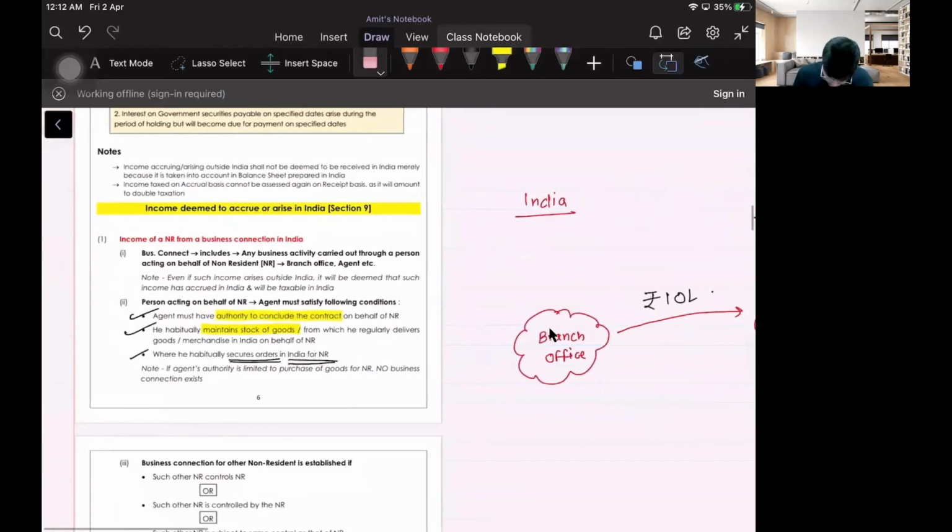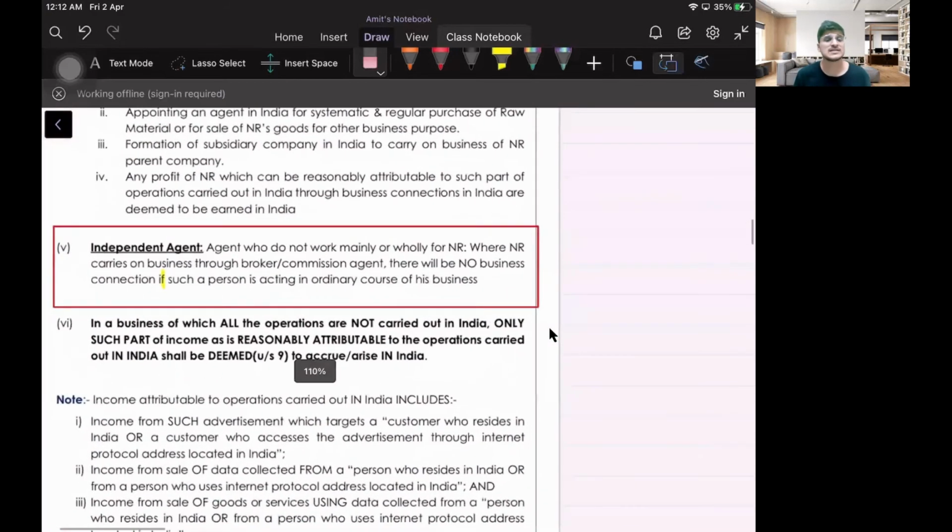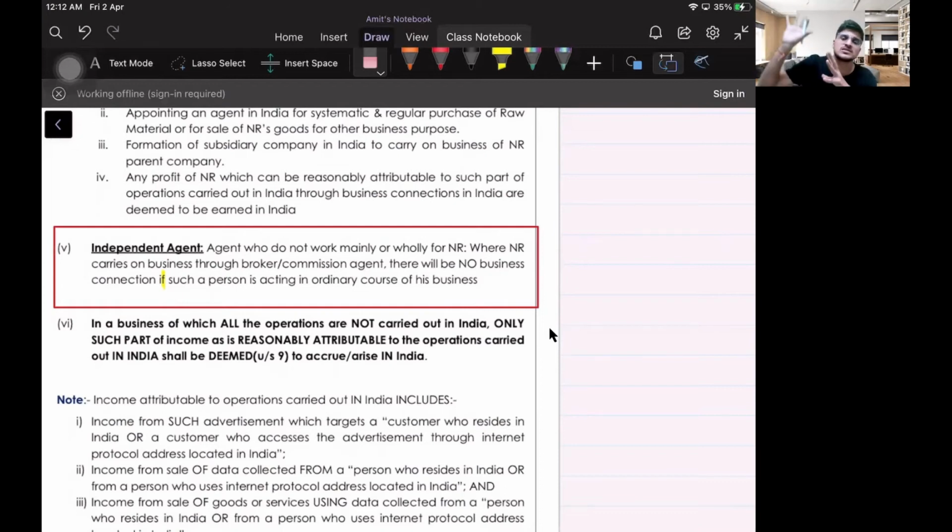Perfect. Then we saw some common concept of independent agent. If you are an independent agent, what does it mean? Independent agent means there is one agent in India, but that agent is not working exclusively for that non-resident. He secures orders from multiple vendors who are non-residents, which means this is his business to work as an agency.